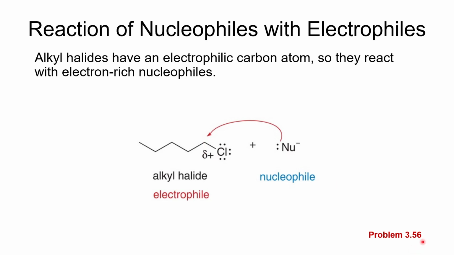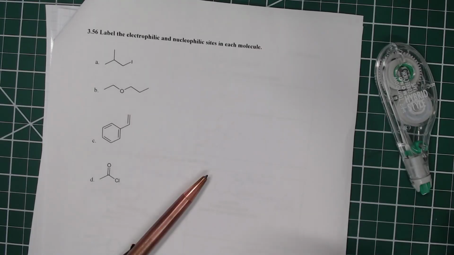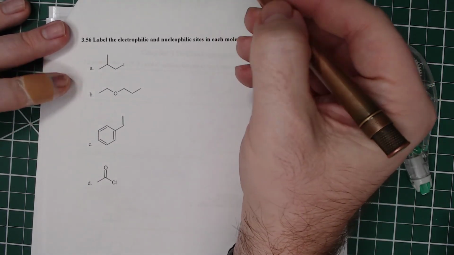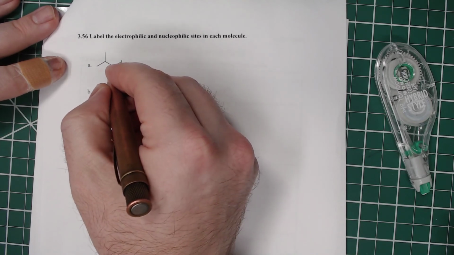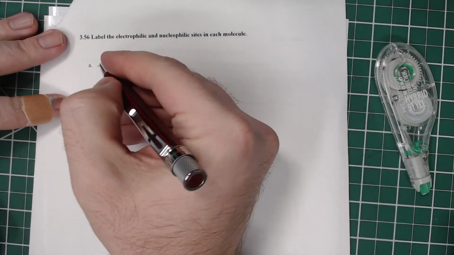Let's look at number 56 on the in-class assignment, where we're trying to label the electrophilic and nucleophilic sites. Oh, and by the way, that's the last page in chapter 3. We want to label the electrophilic sites and the nucleophilic sites in each molecule. Really the thing to do here is to identify where the partial charges are.